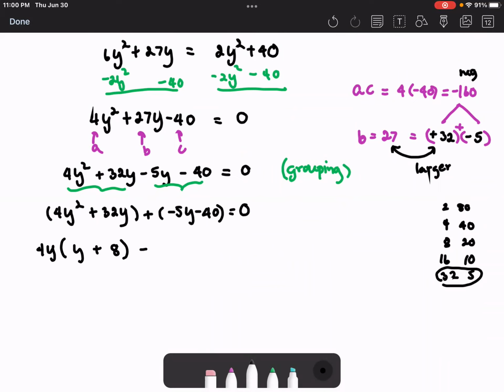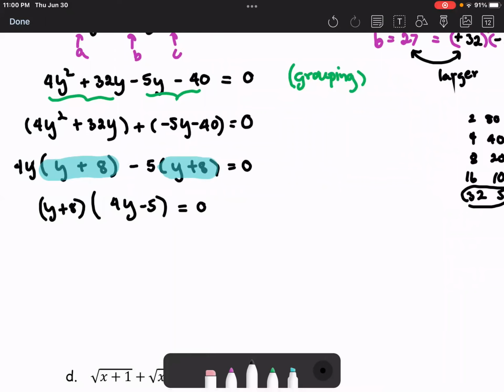In the second group, the common factor would be negative 5, and the remaining factor would be y plus 8 equals 0. Now we have the common quantity. We get y plus 8 as a common factor multiplied by 4y minus 5 equals 0.